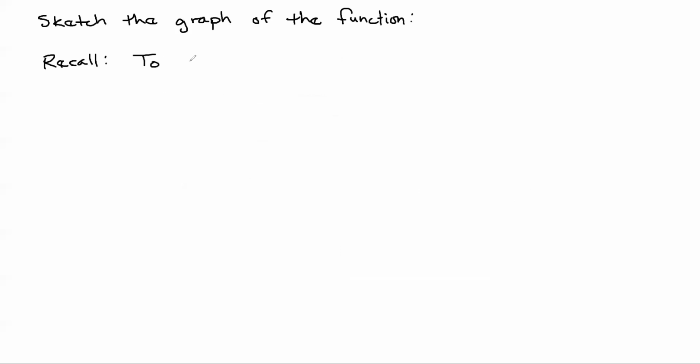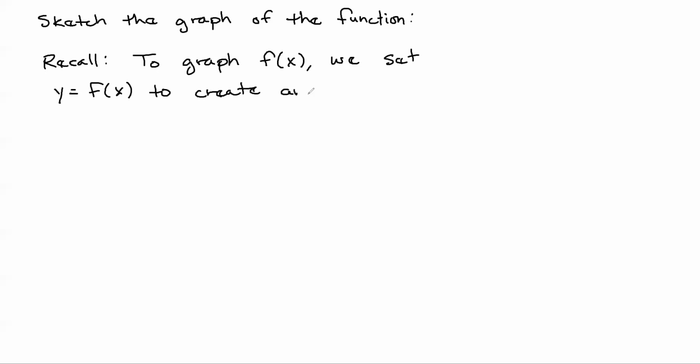To graph f of x, we set y equal to f of x. We said y is going to represent the outputs, and that enabled us to create an equation containing both y and x.